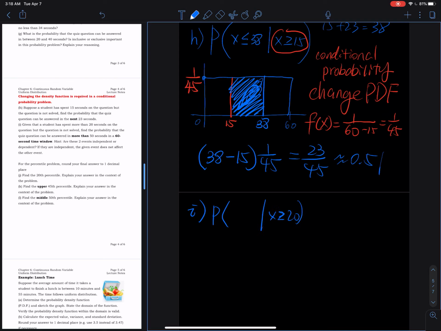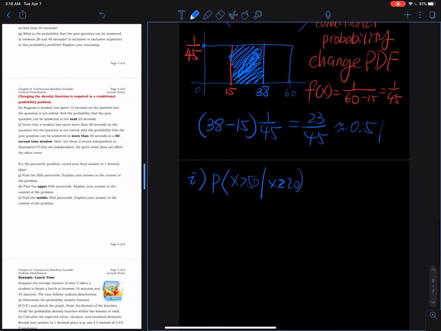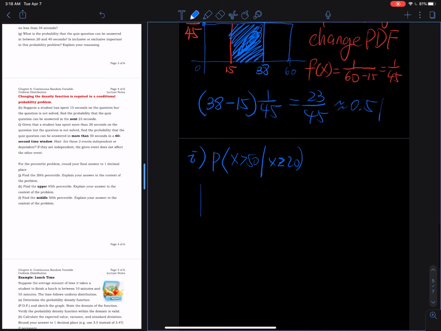Again, the student is thinking, the question is not solved yet. So in more than 50 seconds, so x greater than 50. This just got interesting. We have to change the PDF, I know. We draw the graph first. From 0 to 60. And then the minimum is 20, right? And then greater than 50. This is 50, right? Greater than 50 is here.